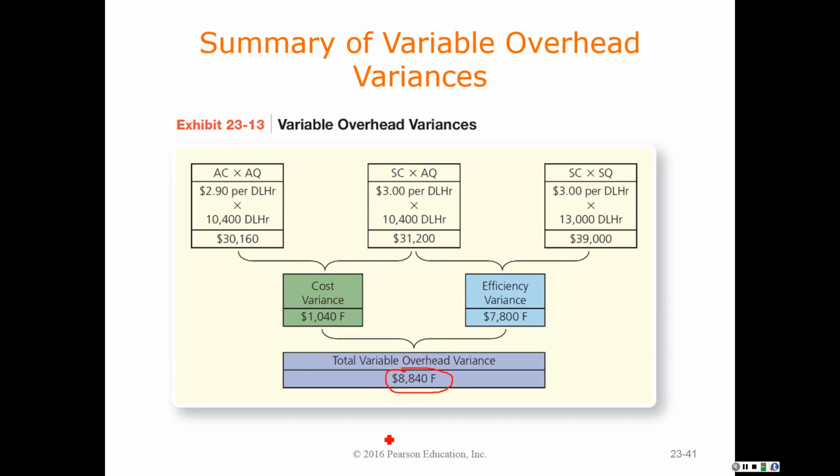The question that I would expect to hold you accountable for here is, what do we do with this? It's favorable. So do I just keep my overhead rate as it is? Remember our standard overhead rate was $3 per direct labor hour. Is that correct, or do I really need to reassess and reduce it to $2.90? On the other hand, we had also estimated that it should take 13,000 hours to manufacture these crayons, and it only took 10,400.